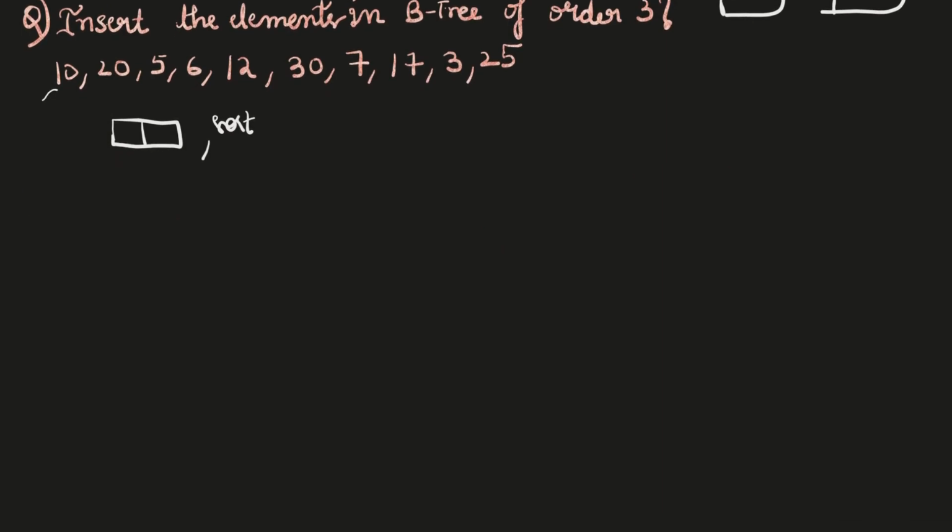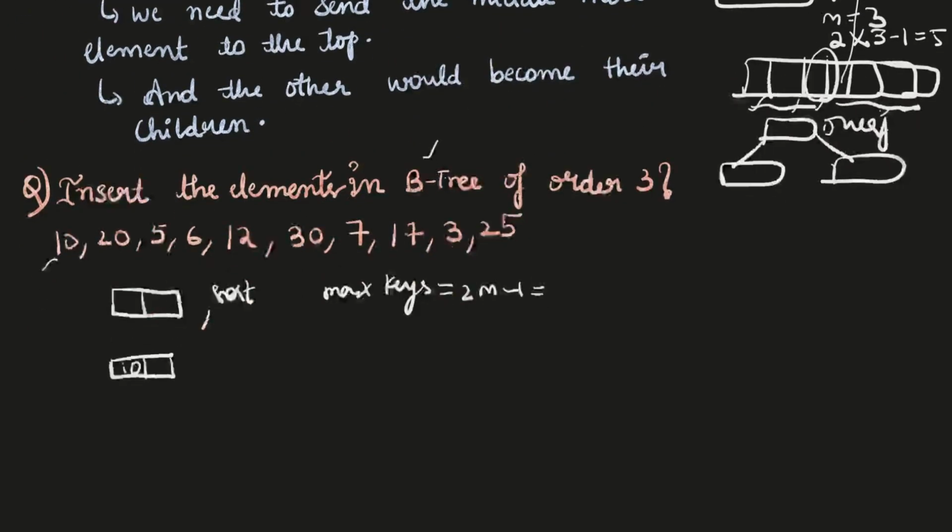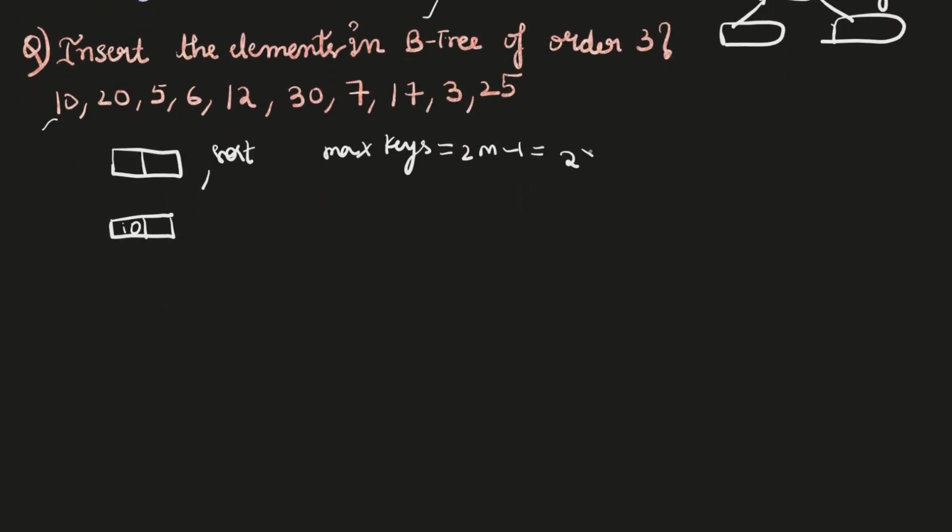So the first element to insert is 10, and here the order is 3. So what would be the maximum keys? It is 2m minus 1. That is 2 into 3 minus 1. So this comes out to be 5.